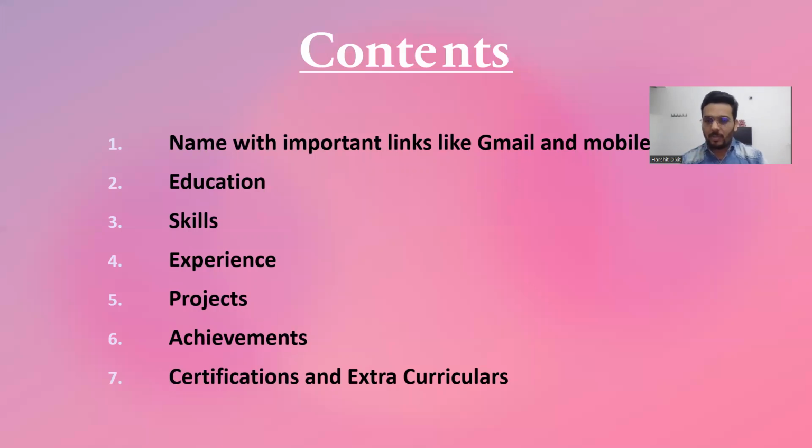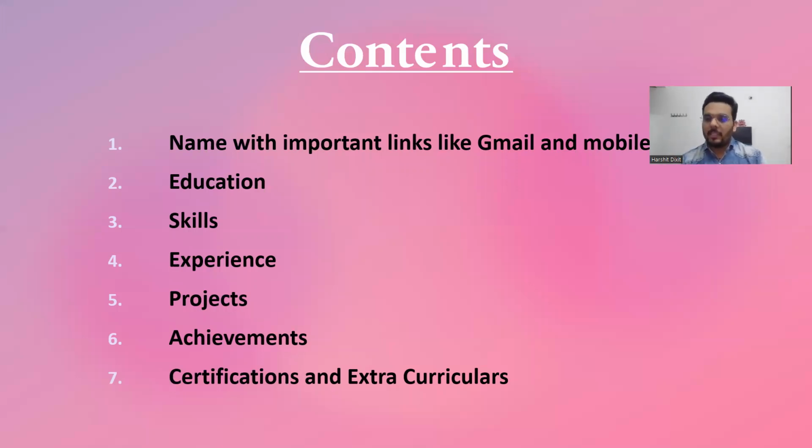Second thing is your education part. You have to mention the name of your college and the CGPA you have until your last semester or whichever semester you are in currently. If you have a lot of space available in the resume, you can also put your 12th class marks and your 10th class marks.